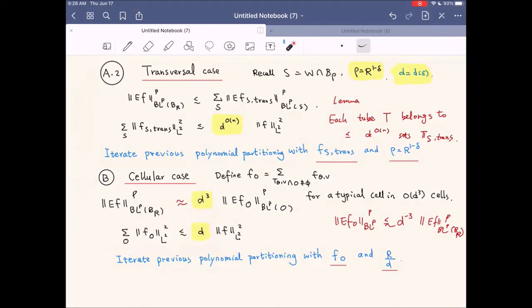Now we take a minute to look at what happens. So first of all, the radius of the ball is relatively small compared to R, in the sense that now D is a large constant depending only on epsilon, but the size of rho is R to the delta fraction smaller than the previous R. So now D is way smaller than R to the delta.